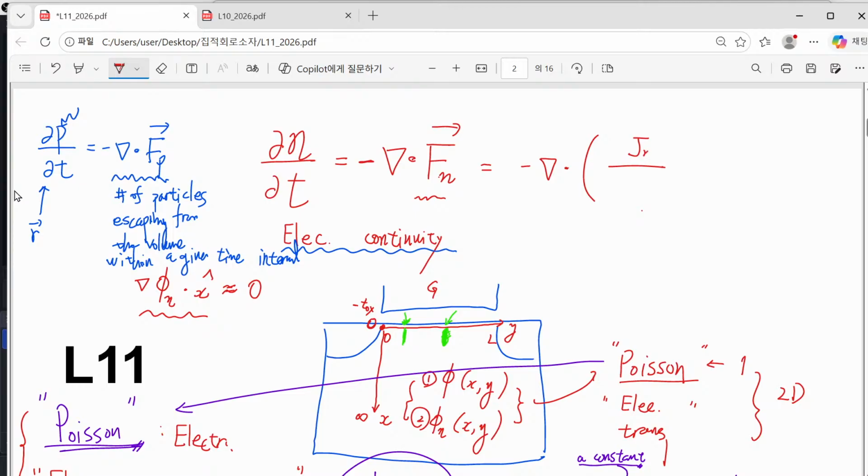If we introduce Jn, of course there is a certain conversion rule between current density and flux, and you can immediately find that the negative signs cancel out, and now you will have the well-known form of our electron current continuity. Following the same argument, we can see that the hole continuity equation will just follow 1 over q times the divergence of Jp.